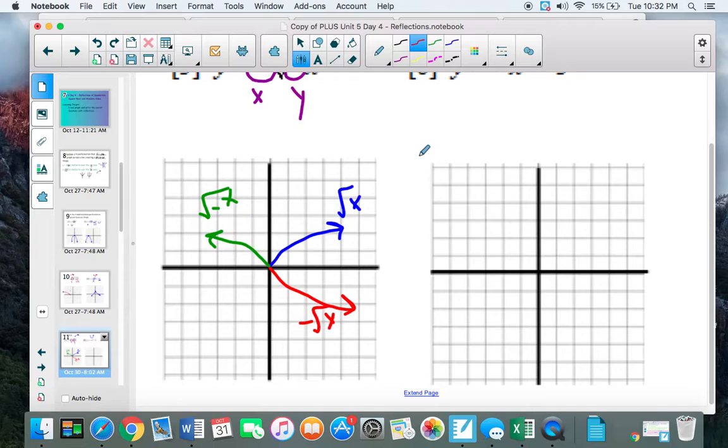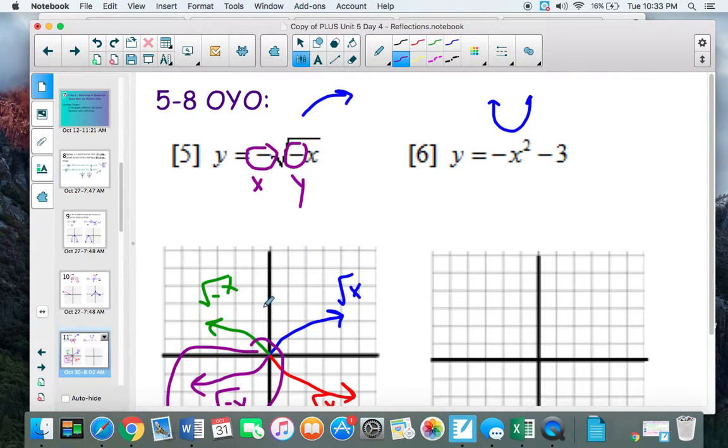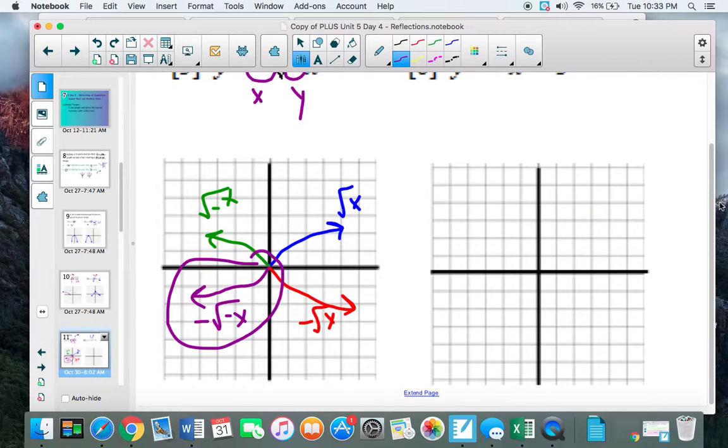And the one we have right now has both, so it's going to be going this way. That means it has a double negative, so it's inside and outside. So our new function would be this one because it's flipping both axes. And again, it's not perfect because I'm sketching with my mouse pad, but get the idea that it's got to be over 1, down 1, over 4, and down 2 to get our key points on that one.